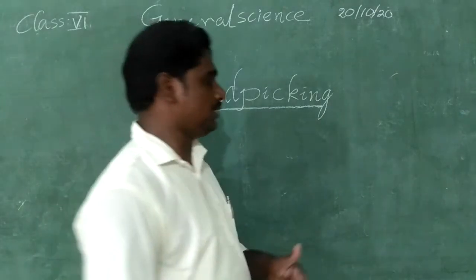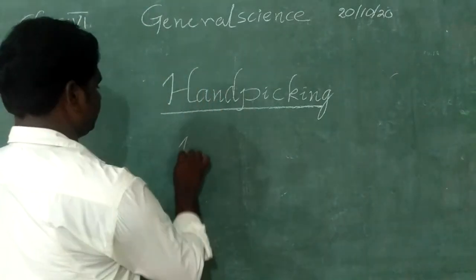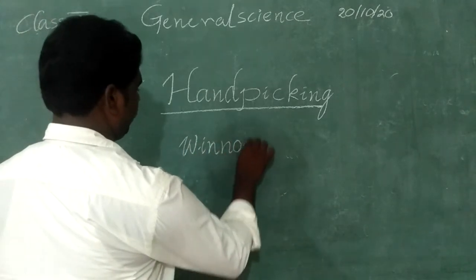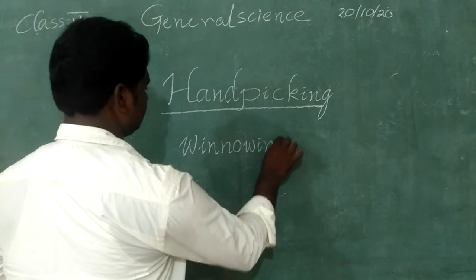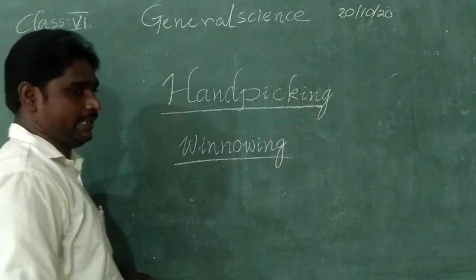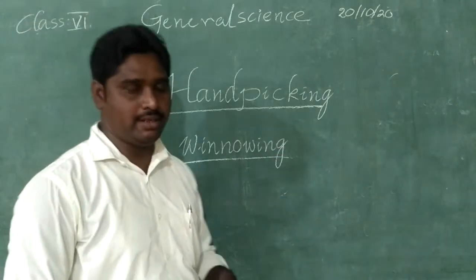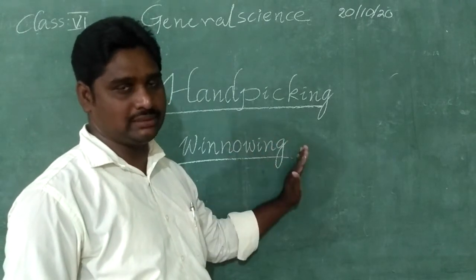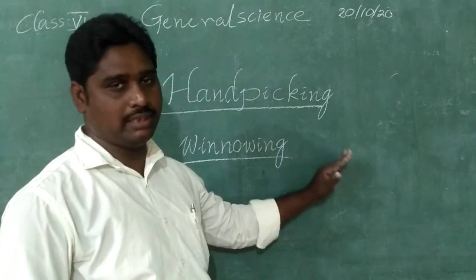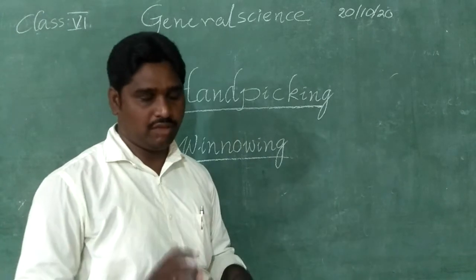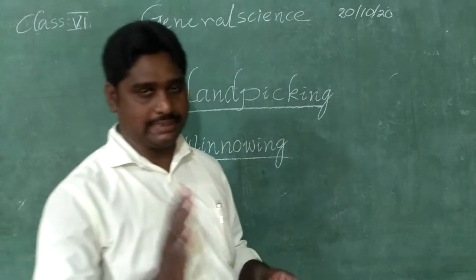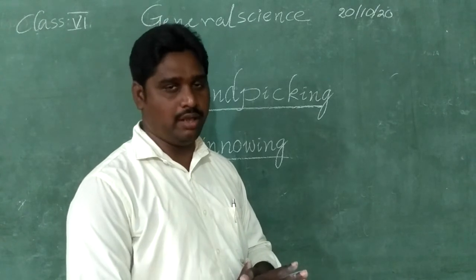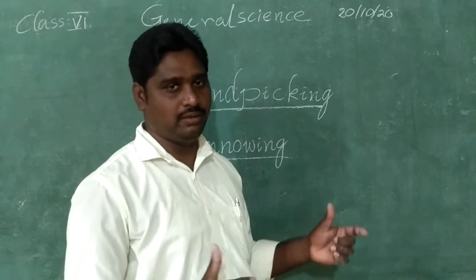And the next one is the winnowing method. In the winnowing method, we separate out husk and grains from the mixture of husk and grains. The farmers harvest the crop of paddy or other crops.